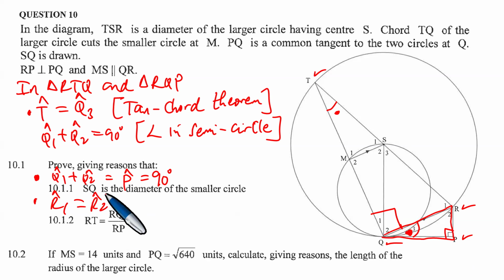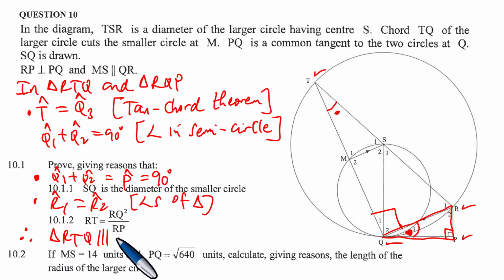Why is this the case? Angles of a triangle. Therefore, the triangle RTQ is similar to triangle RQP.